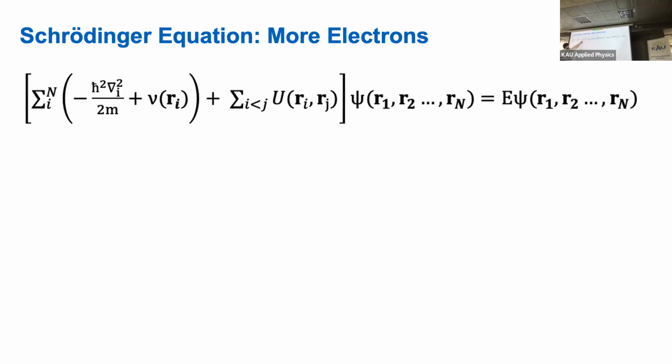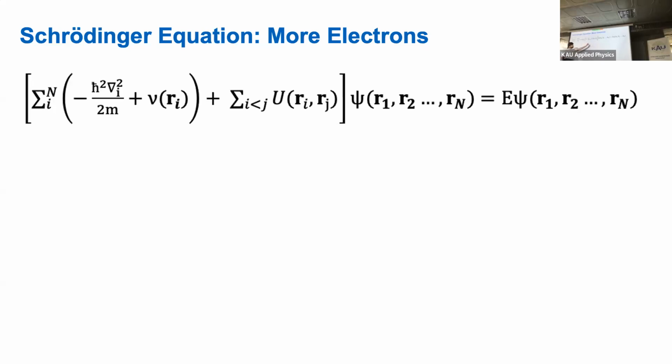Here we see some potential which creates these particles, and here we see all external potential. For example, in this term we will see the interaction between electrons and ions and between ions. So this term can be very, very complex.